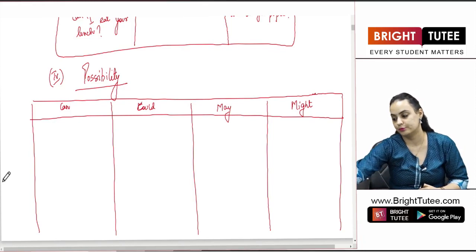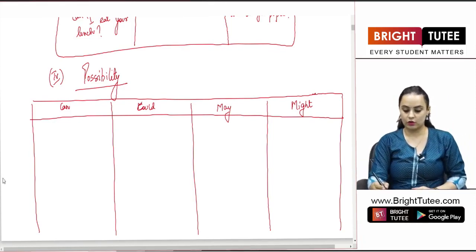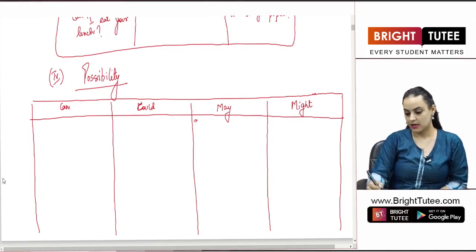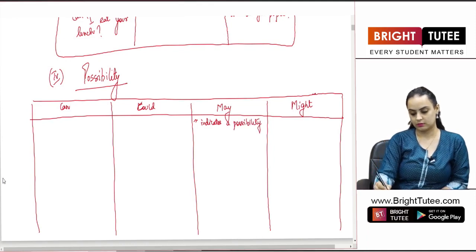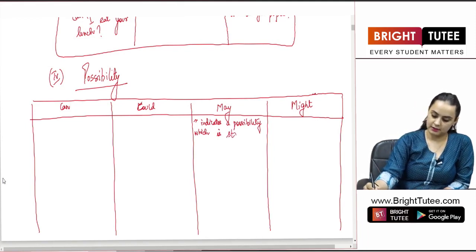For example, let us first talk about may. If I say may, for instance, this indicates a possibility which is stronger than might.